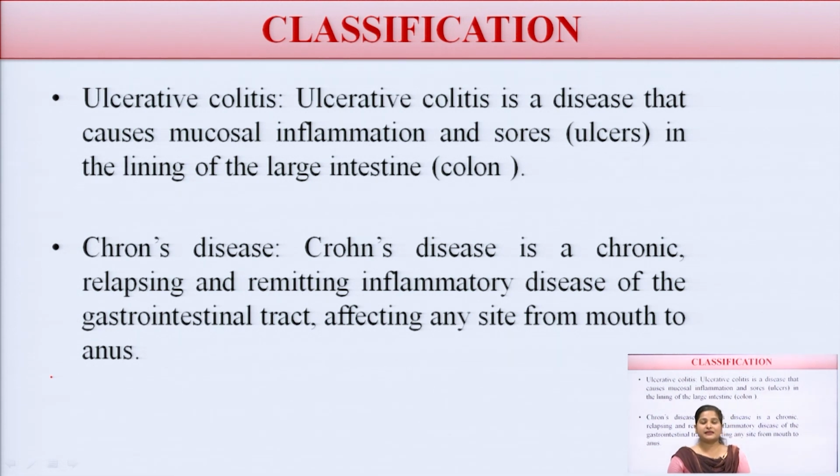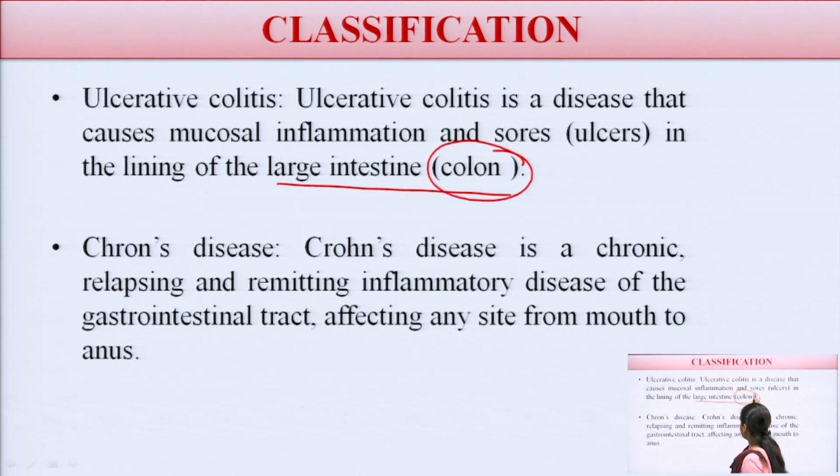Means there is inflammation in the mucosa of the intestine, and which part of the intestine? It is the large intestine, okay? And this is where the major inflammation occurs, in the part of the colon.